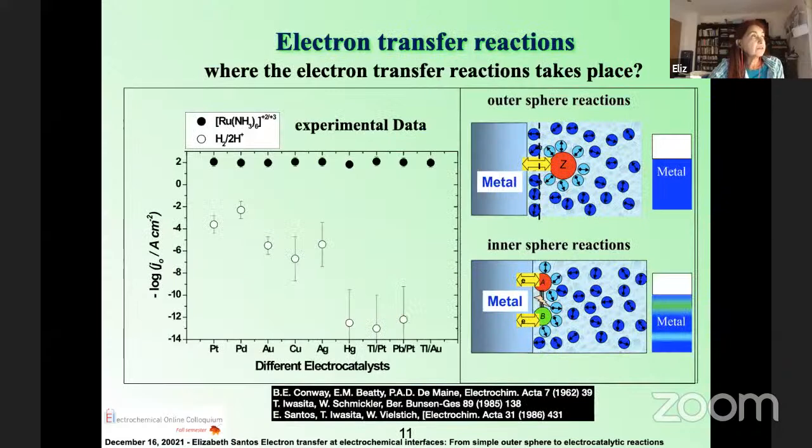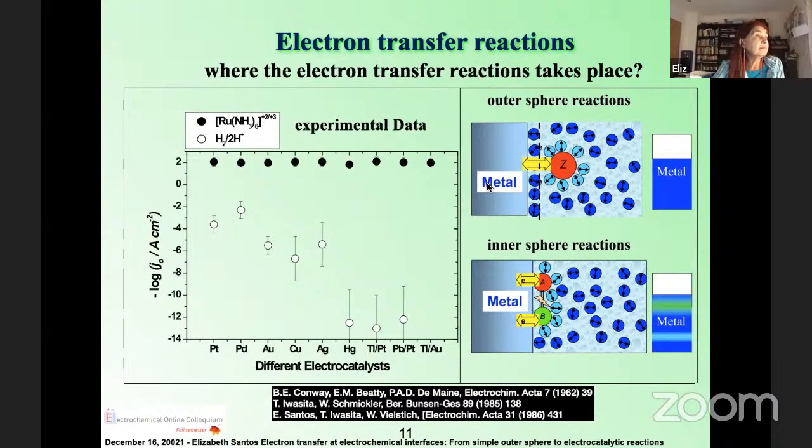Here is the first classification of electron transfer reactions. It depends on where the electron transfer takes place at the interface. If this is far away from the interface, it is called an outer sphere reaction, for example a redox couple at a metal electrode.